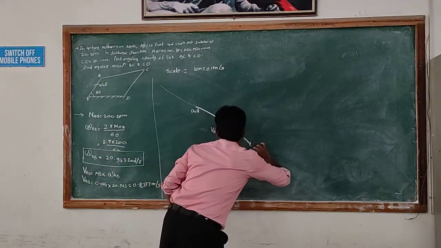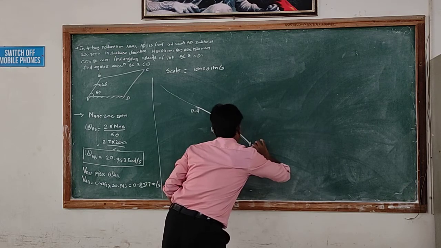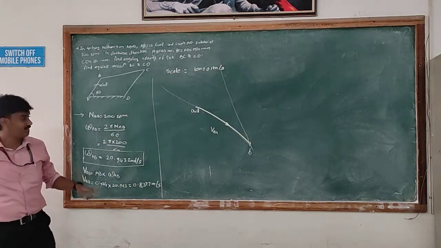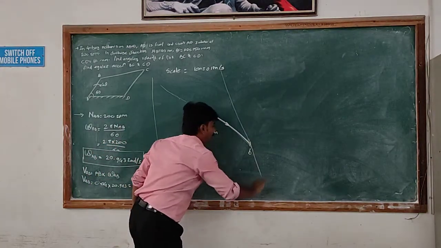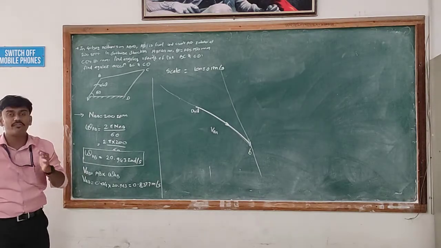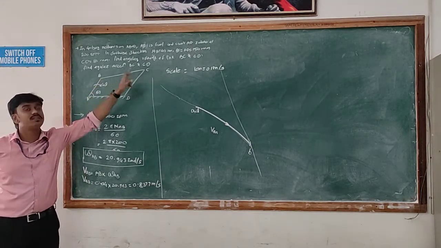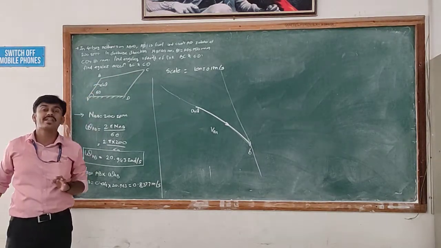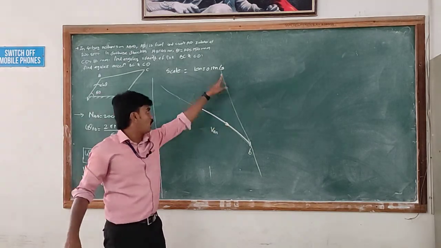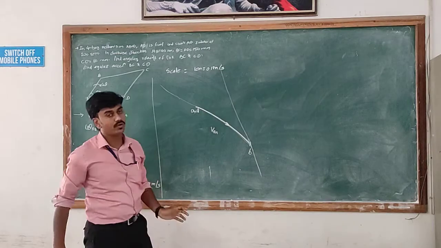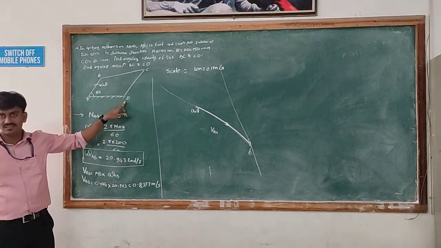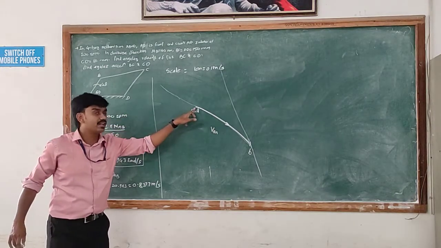So we will draw our line which is passing through the point B and perpendicular to the link BC. We don't know the velocity of this link BC, means we don't know the magnitude of this velocity. We have to find out. Means the point C will lie on this line anywhere. We don't know.